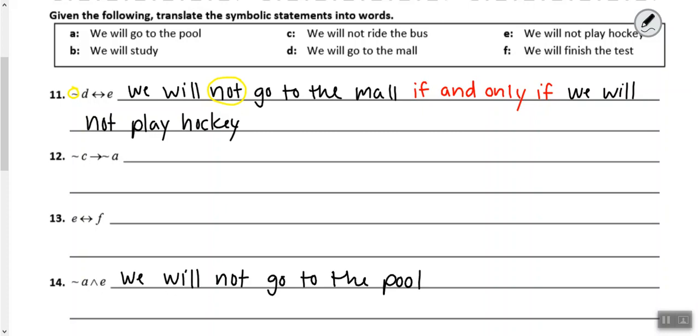Up arrow looks like the letter A, so and, right, my up arrow is and. My squiggly line had the word not added to it. E, we will not play hockey.